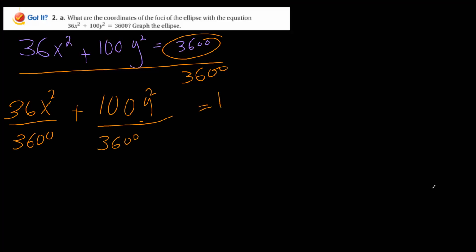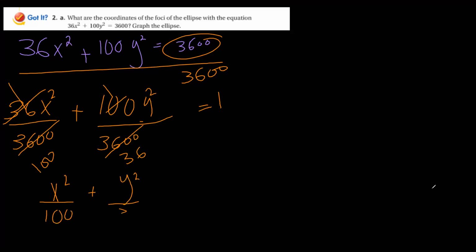After simplifying, we get x squared over 100 plus y squared over 36 is equal to 1.